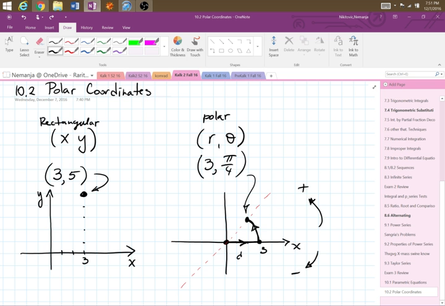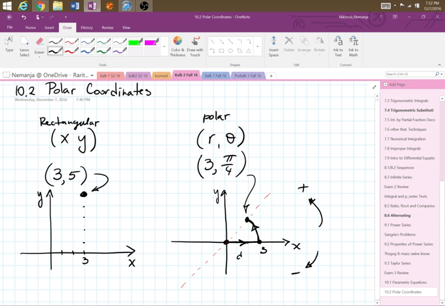So what are polar coordinates? Polar coordinates are a different way to get to a point on the coordinate system. This is still the xy coordinate system, except now the way we get to a particular location is you draw the radius and then you swing that for the angle that is given to you.